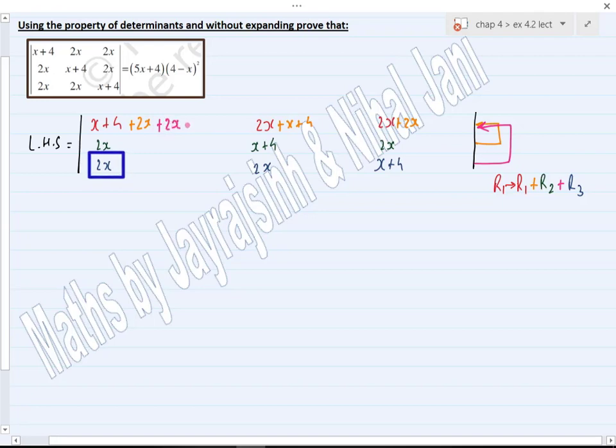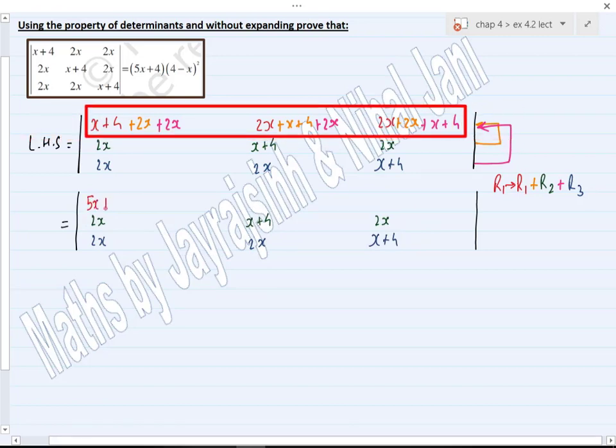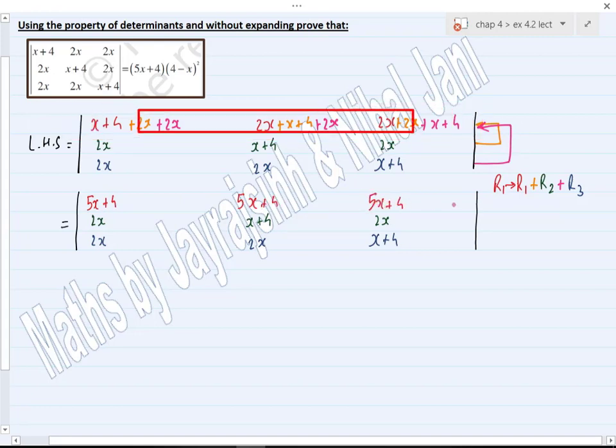Here we'll get plus 2x and plus x plus 4. So in this operation, our second and third row will be as it is, and first row will be 5x plus 4, 5x plus 4, 5x plus 4, right?